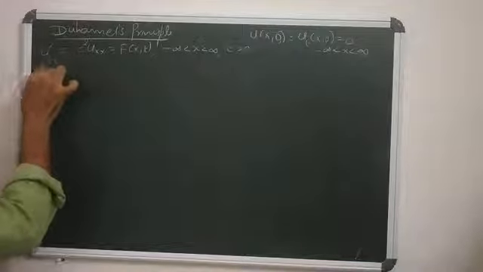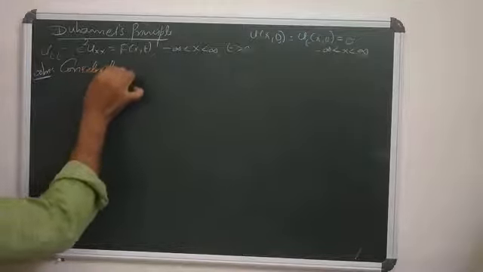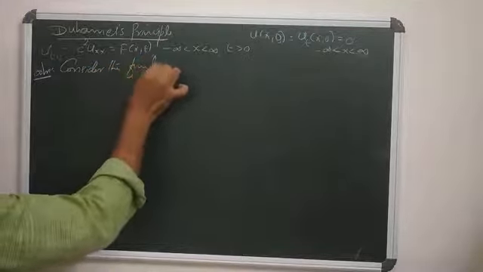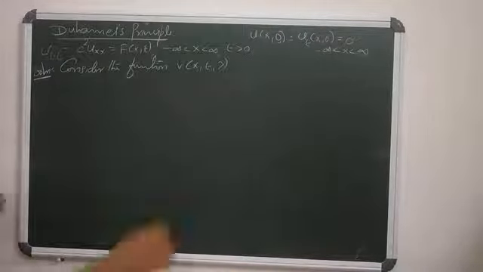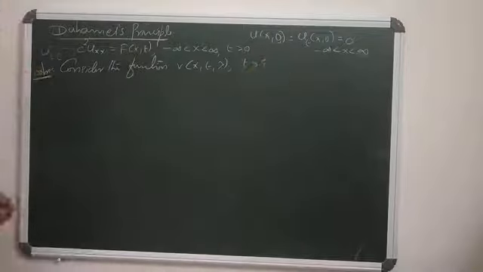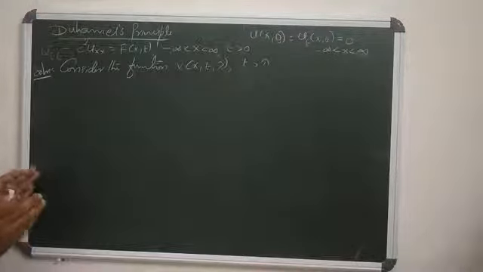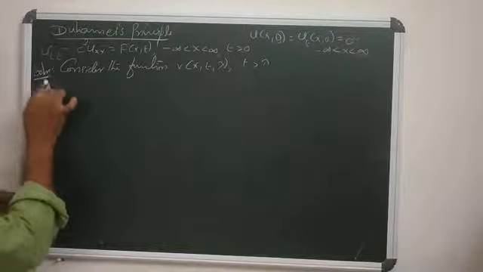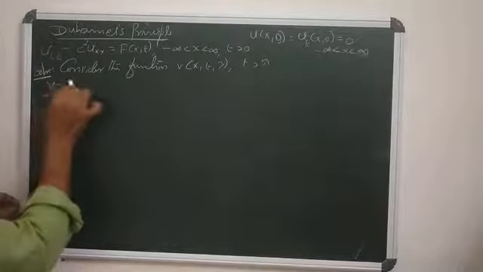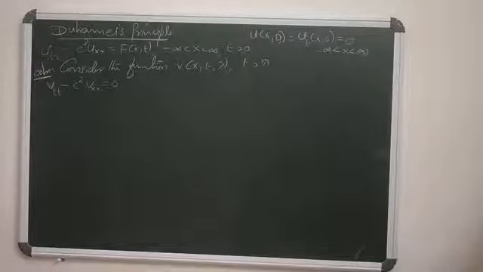Consider the function v(x,t,lambda), where t is greater than lambda, which satisfies the equation v_tt minus c square v_xx equals 0.